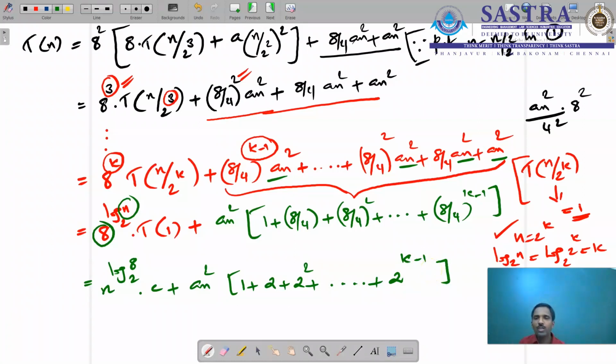So 1 plus 2 plus 2 square plus etc., 2 power k minus 1. This is a geometric series that needs to be simplified. So we can simplify using the geometric series.